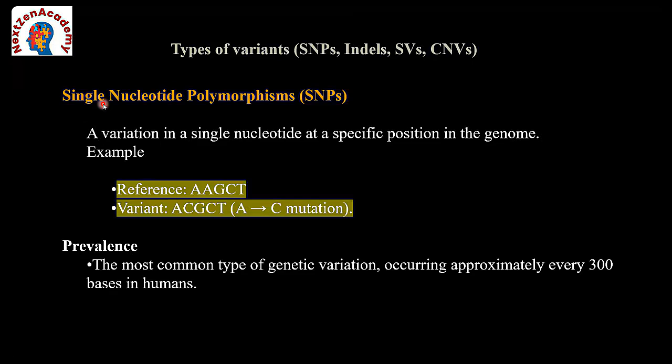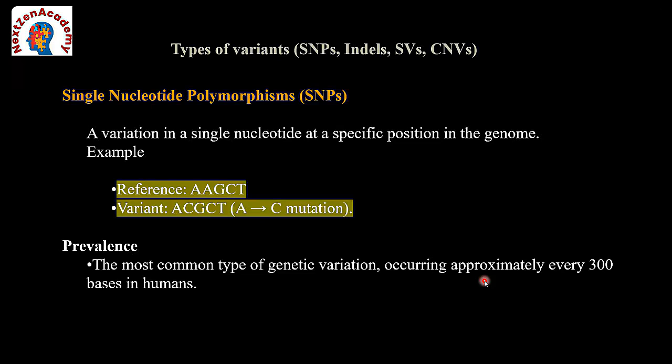Now we are going to see the different types of variants, as told earlier multiple times. Single nucleotide polymorphism is a variation of a single nucleotide at a specific position. It's just one nucleotide changing at one position.